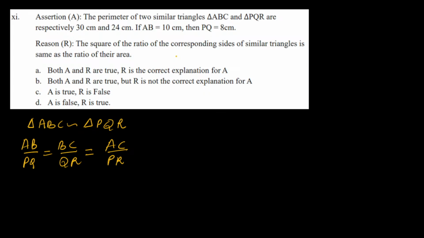Now what do we have to check? The perimeters of triangle ABC and triangle PQR are also given to us. The perimeter of triangle ABC is 30 centimeter and the perimeter of triangle PQR is 24 centimeter.